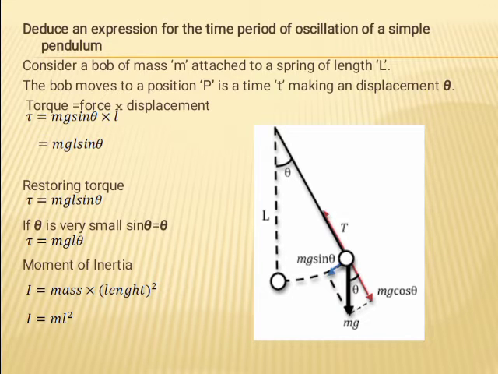Oscillation means what? It is a to and fro motion. Now, continuing, if I consider a bob of mass m, so this is my bob here, which has been attached to a string of length L. Now I apply a certain force on it, and it moves to a position P in a time T, making a displacement, changing its position.